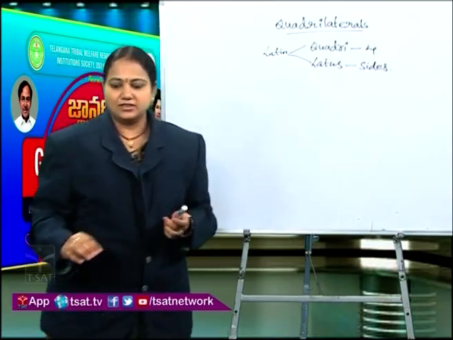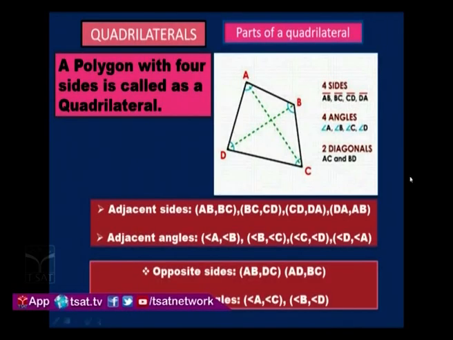Look at the slide once, children. What are the parts of a quadrilateral? A quadrilateral is a four-sided polygon. What are the four sides? Let us label the sides: AB, BC, CD and DA are the four sides of the quadrilateral, and angle A, angle B, angle C, angle D are the four angles.